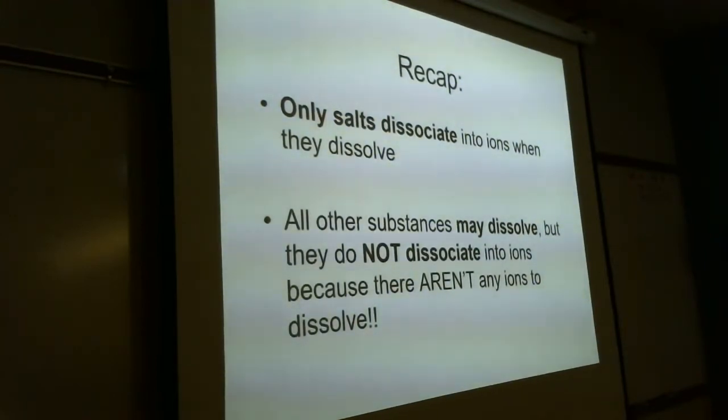Okay, you're not breaking it up into ions. So make sure that you note that. Only salts dissociate.